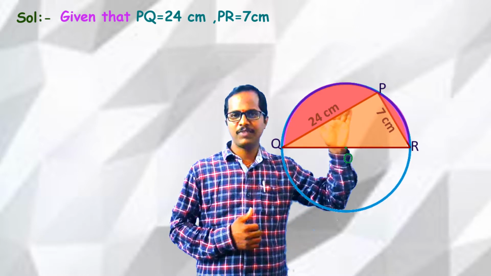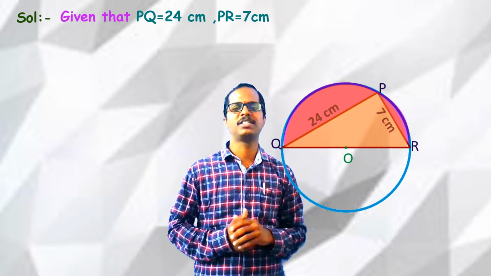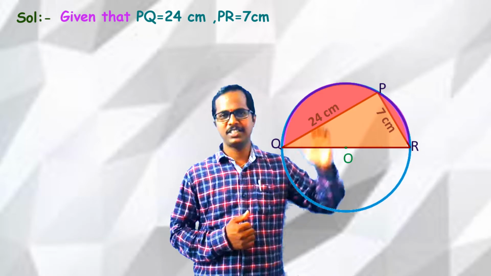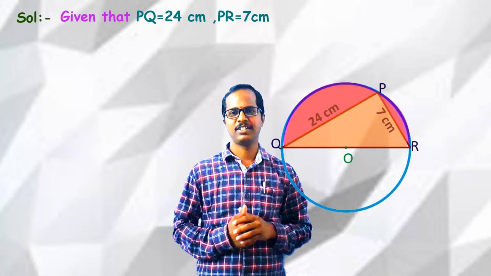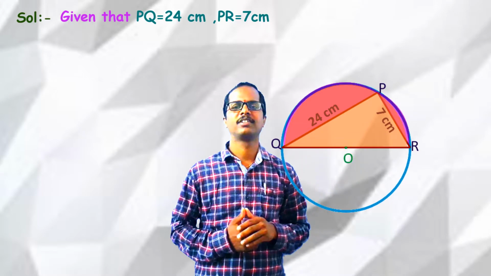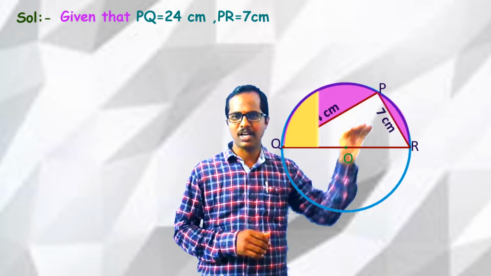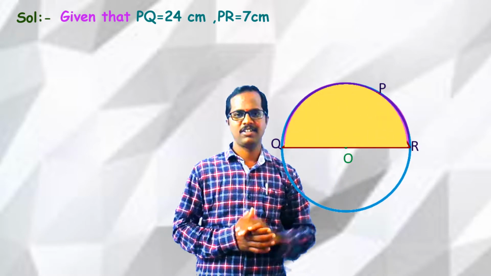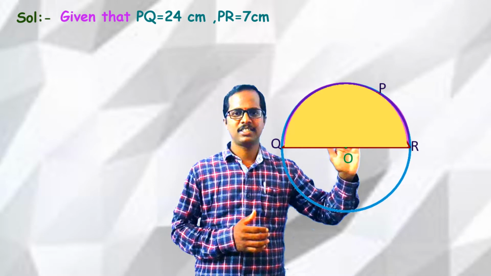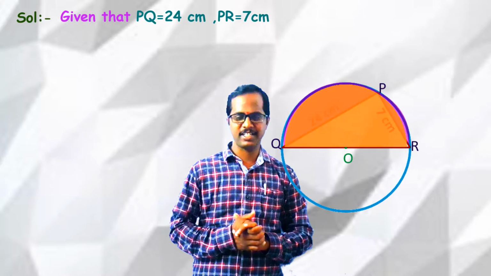And along with these two segments, one unshaded portion is also there in this semicircle. So what is that unshaded portion here? Very good, it is triangle QPR. So here, this semicircle OQPR consists of the two shaded segments and one unshaded triangular region.